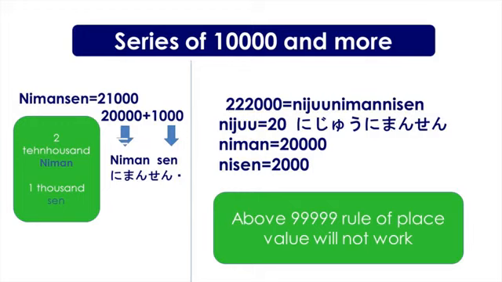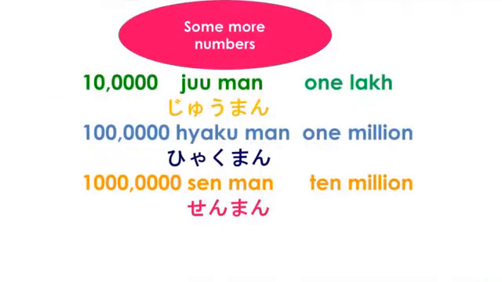Now some more numbers. So for 1 lakh it is Juman. For 10 lakh, like 1 million, that will be Yakuman, and for 10 million that will be Sen Man.